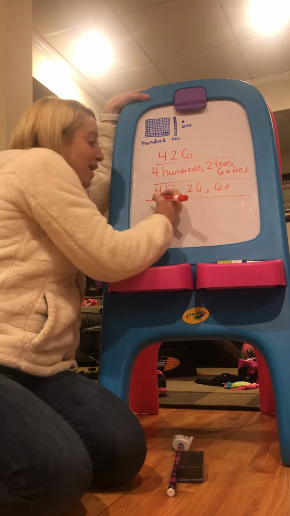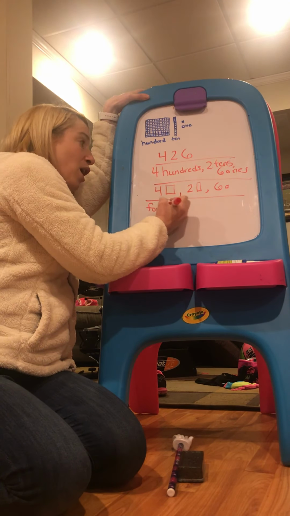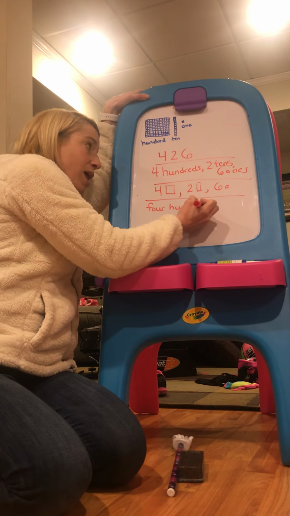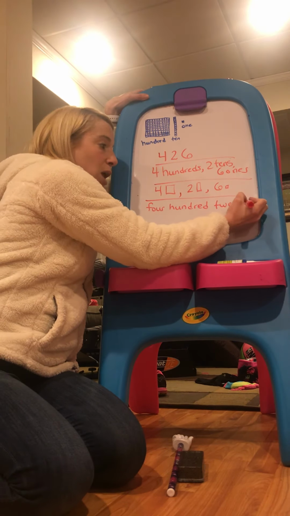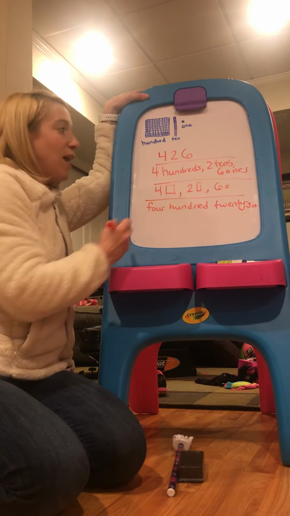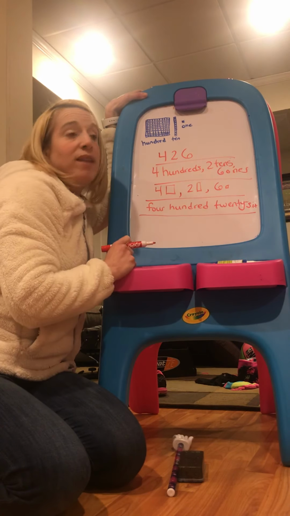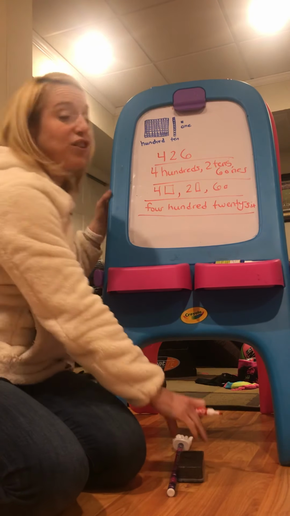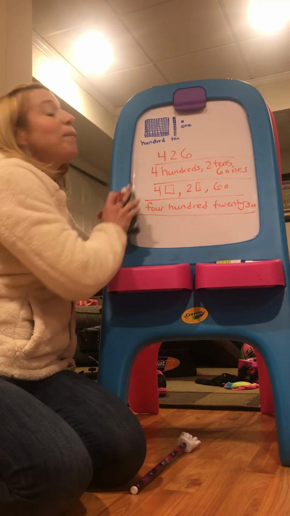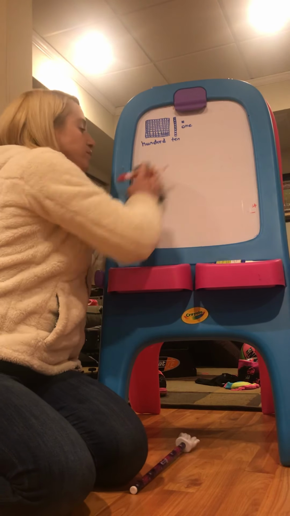I could spell it. I could write 426. And another way I could do it is the expanded way, where we stretch it out. So I'm going to erase this and let's talk about what that means when we stretch it out.